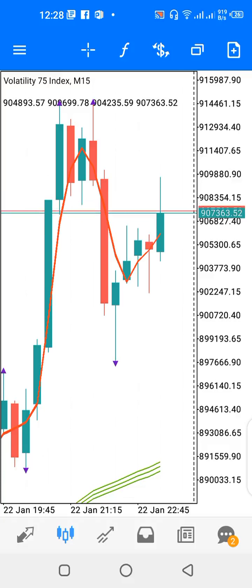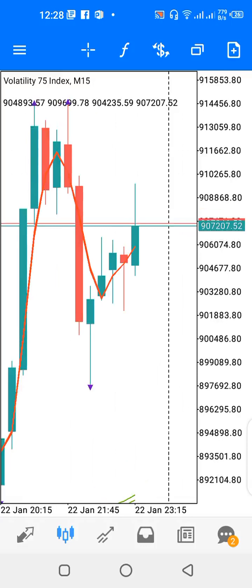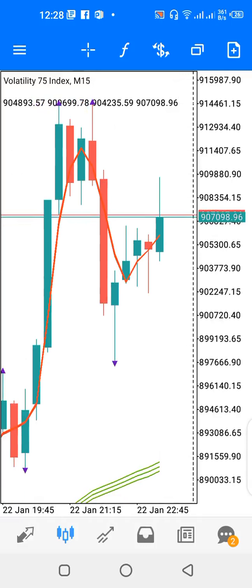But all this is about hedging your losing trade, so that you close out at break even, where there is no loss and no profit, or you close out with some profit. Remember, when you place your first trade, you have the opportunity to place the first hedge trade, the second hedge trade, and the third and final hedge trade.